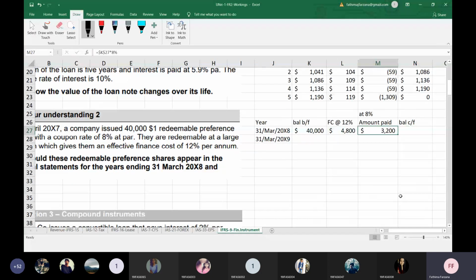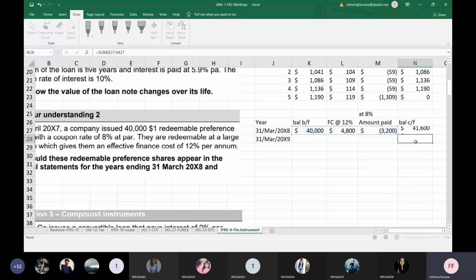I want to make it a minus, so I put the dollar sign. If you notice, I've done dollaring already. So minus 3,200. So my balance figure will be balance brought forward 40,000 plus 4,800, but you are paying 3,200. So 40,000 plus 4,800 minus 3,200, you see, it is 41,600.